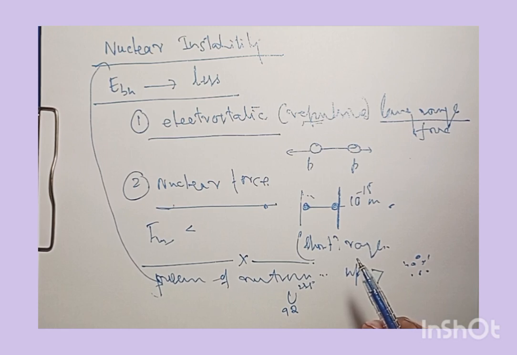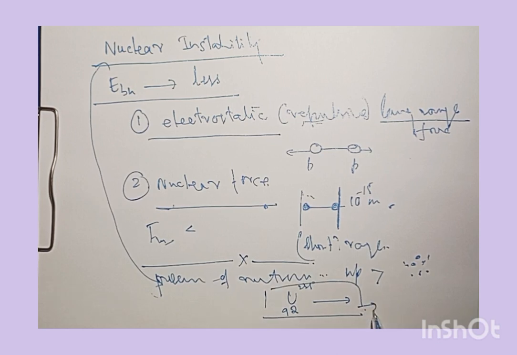How? When the number of neutrons in the nucleus increases, this increase in the number of neutrons leads to less electrostatic repulsive force between the protons.